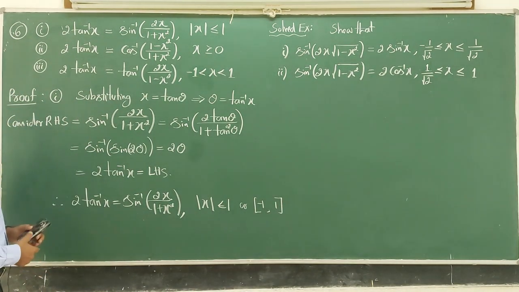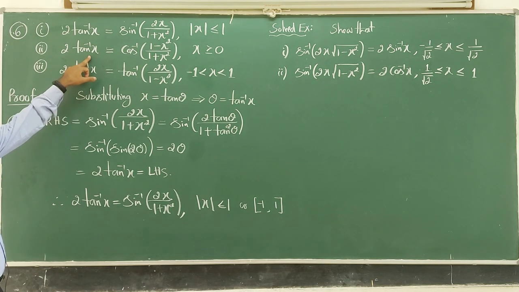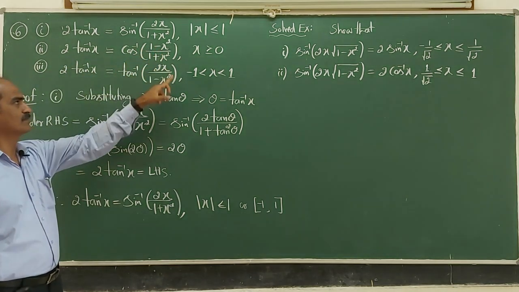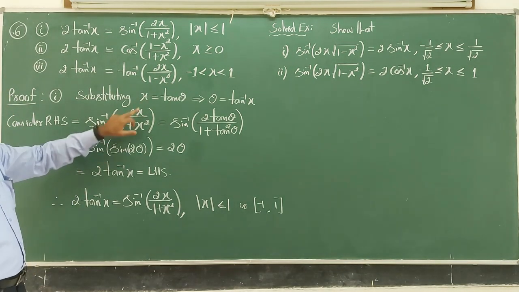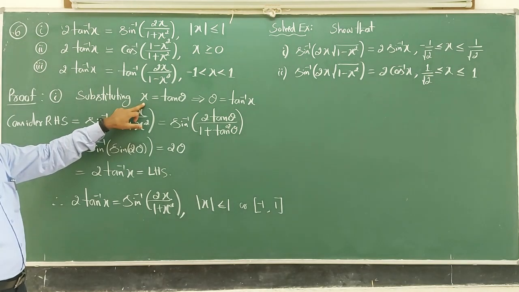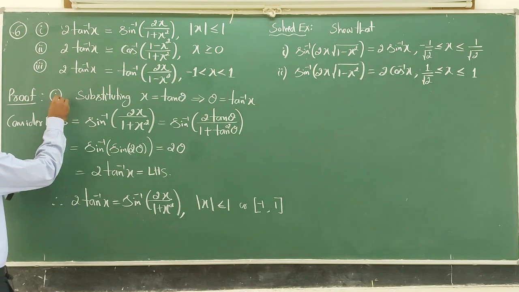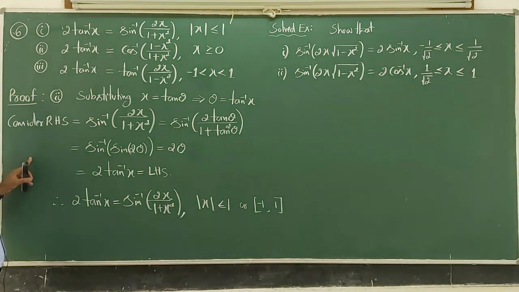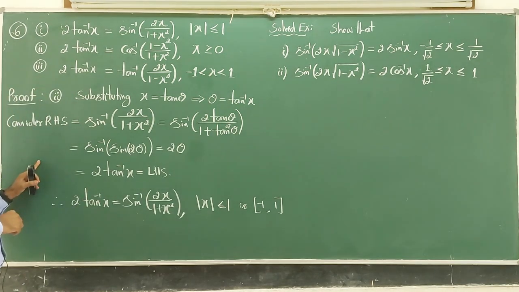Now let us take the second one. To show that 2 tan inverse x equals cos inverse of 1 minus x square by 1 plus x square, I go for substituting x equal to again tan theta. Here I write the proof. As usual, theta becomes tan inverse x.